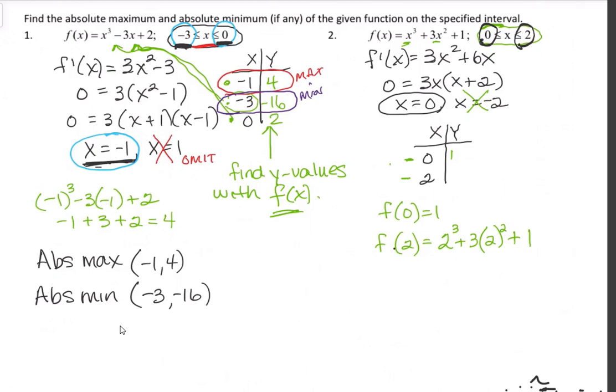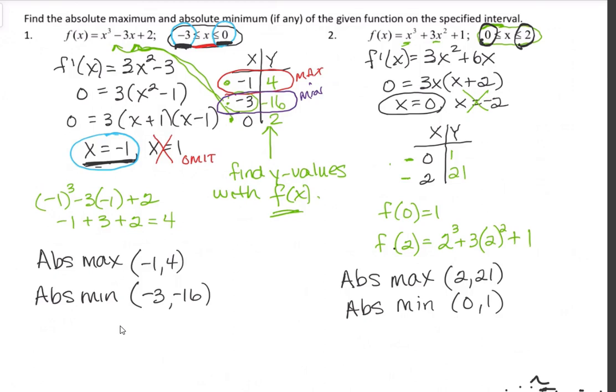If I do that arithmetic, I end up with 21 for my y value. In this case, where I only have 2 x's in my chart, one of them is going to be the max, one of them is going to be the min, and you just compare the y values to see which one is which. So for this problem, my absolute max is going to be the 2, 21, and my absolute min will be my 0, 1.